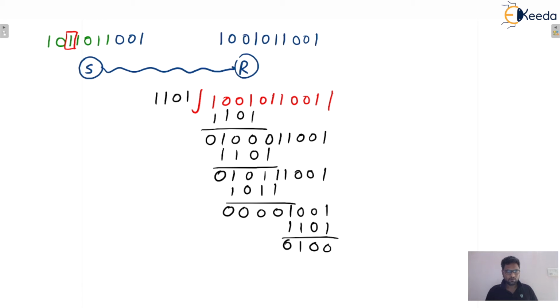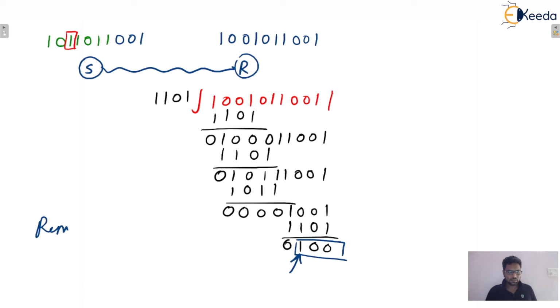Now we can stop. Why? Because from the leading one there are no 4 bits; only 3 bits are there, so we can stop there. These 3 bits will be the remainder.